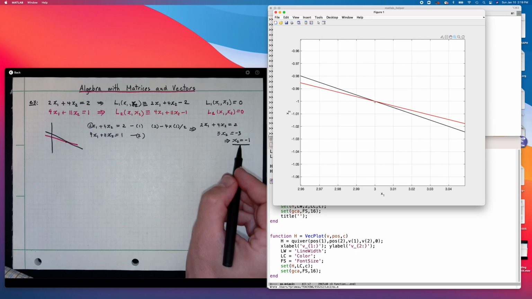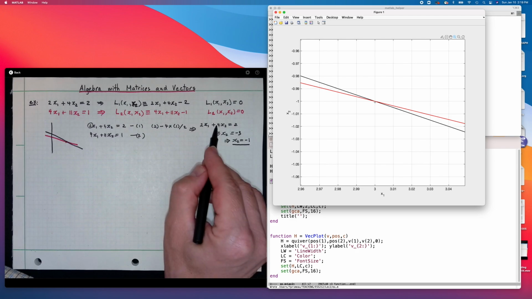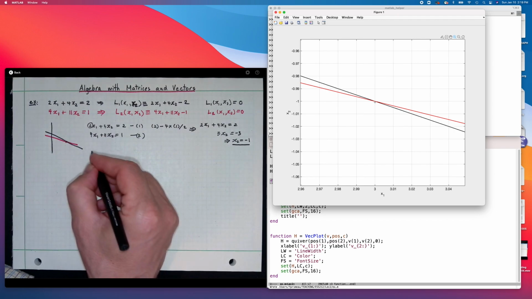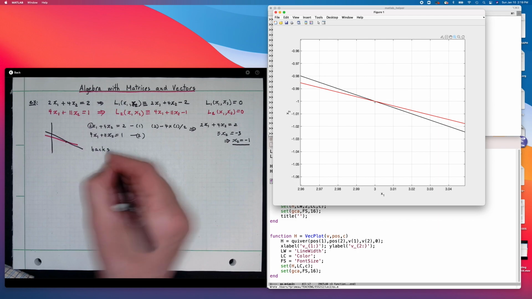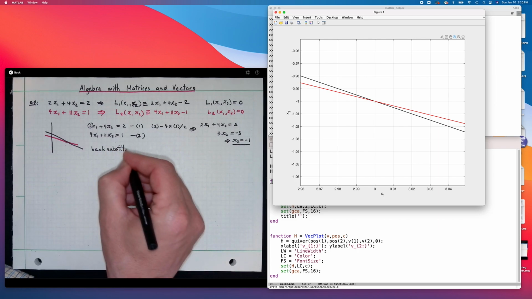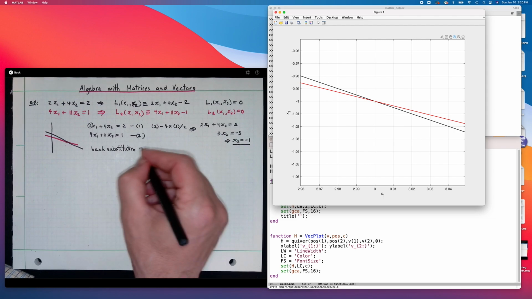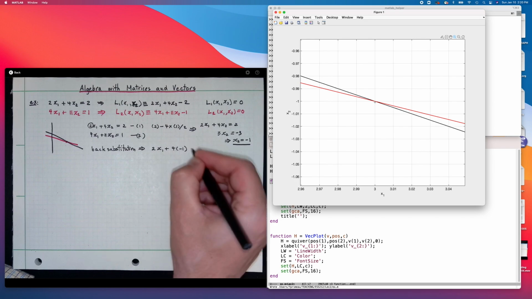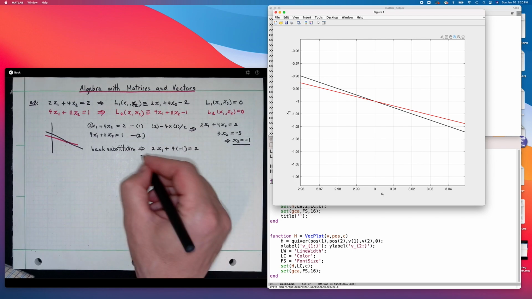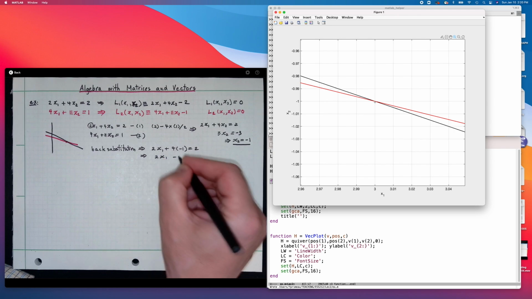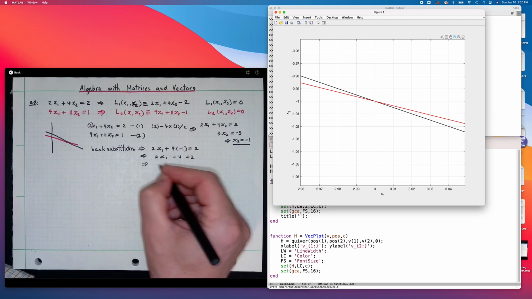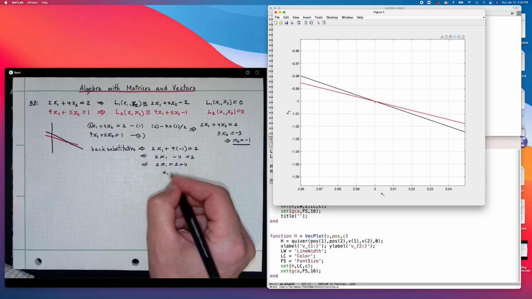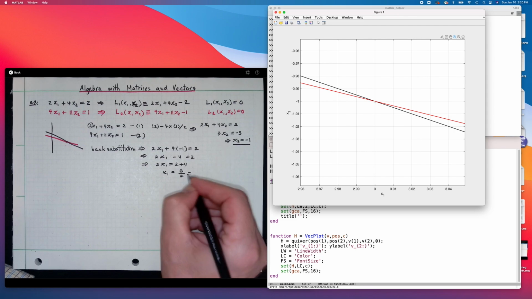And from there, I do what's called back substitution. I go back to the equation above this one, substitute in what x2 is, and I can solve for x1. Back substitution yields 2x1 plus 4 times minus 1 is equal to 2, which means 2x1 minus 4 equals 2, or 2x1 is equal to 2 plus 4, or x1 is equal to 6 divided by 2, which is 3.